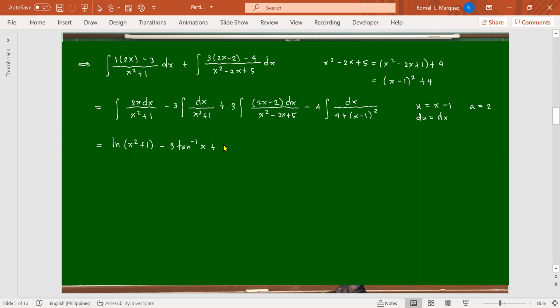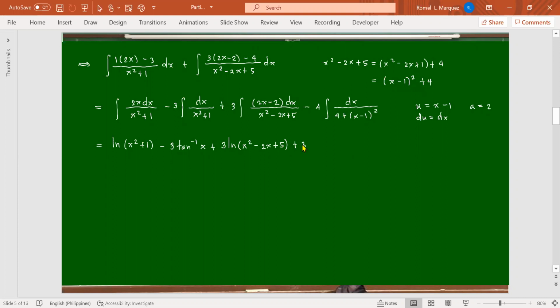So plus what? Plus this. So this is 3 times the integral of du over u. So that is ln of x squared minus 2x plus 5. Again, no need for absolute value because this quadratic expression is equal to (x minus 1) quantity squared plus 4, and this is never negative.